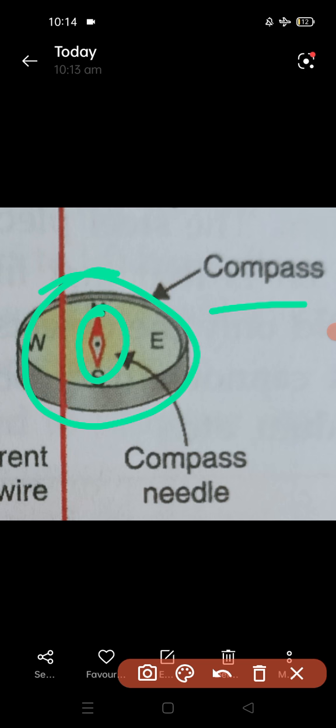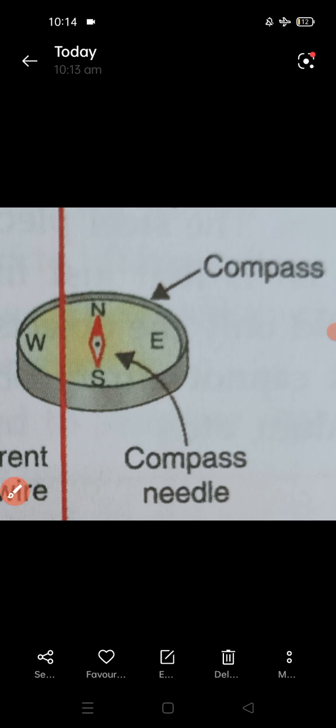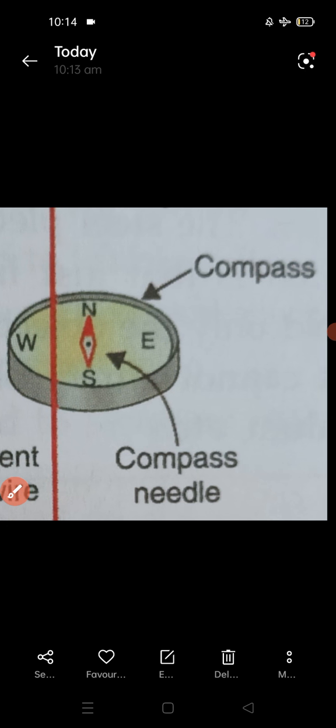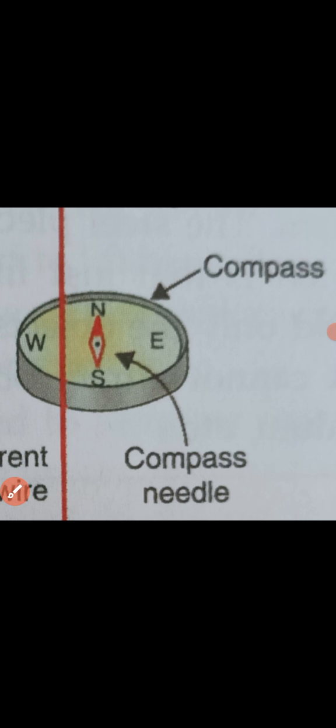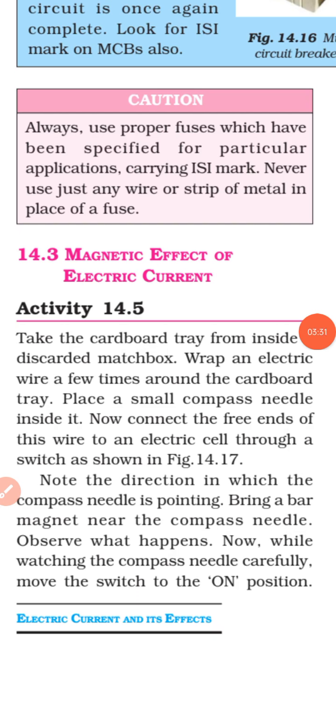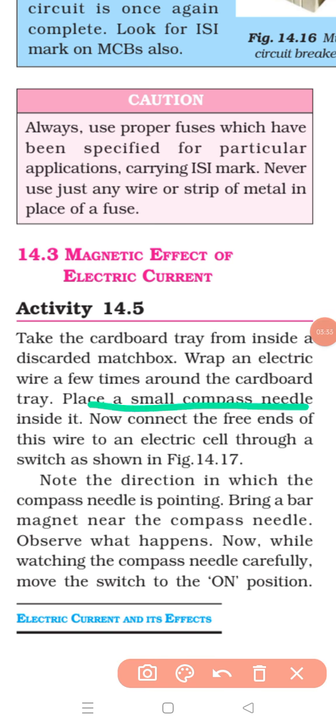The needle of the compass is itself made up of a magnet. Clear? So you have to place the compass needle, that is the magnetic compass, inside the tray of the matchbox.